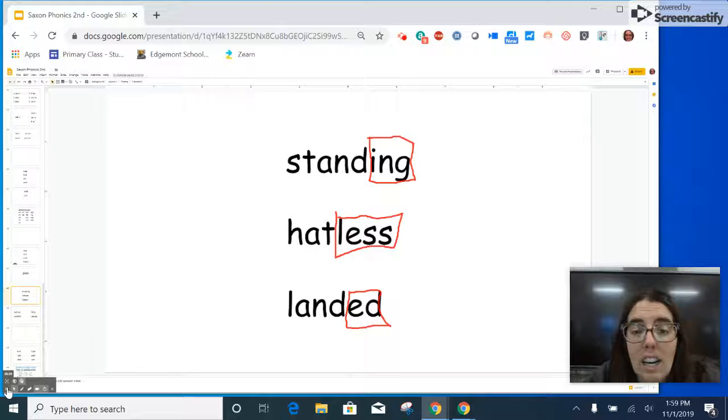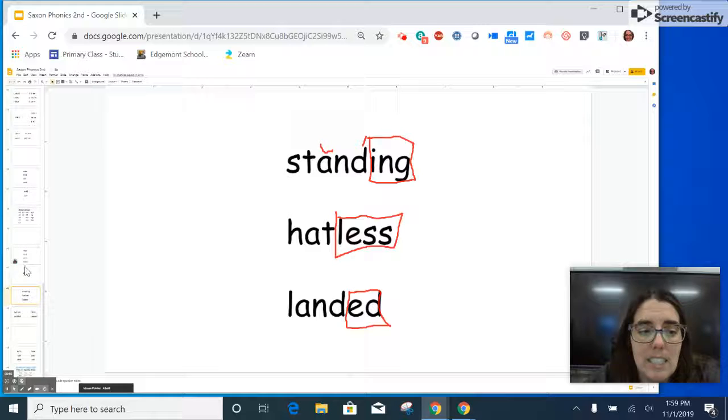Okay? Ing when it says ing, less when it says less, and ed when it says ed, all add a syllable to the word. So that means that when we code the vowels, we also add an accent mark because it's adding a syllable.